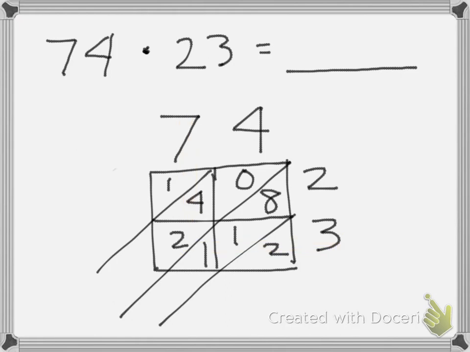And just to check our math, as always, 4 times 2 is 8, 7 times 2 is 14, 4 times 3 is 12, 7 times 3 is 21. Looks good to me. Now we're going to add our alleyways, but I want to show you one at a time. Let's do this one first.